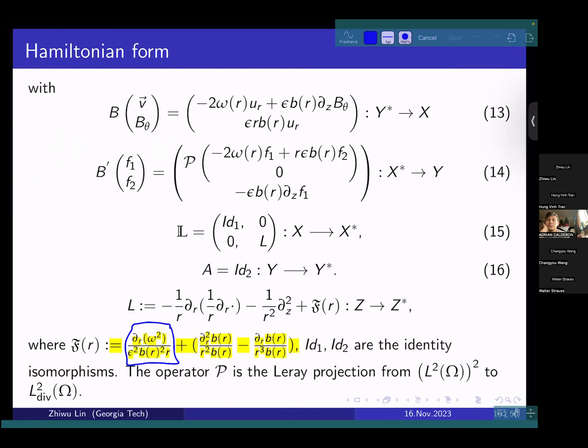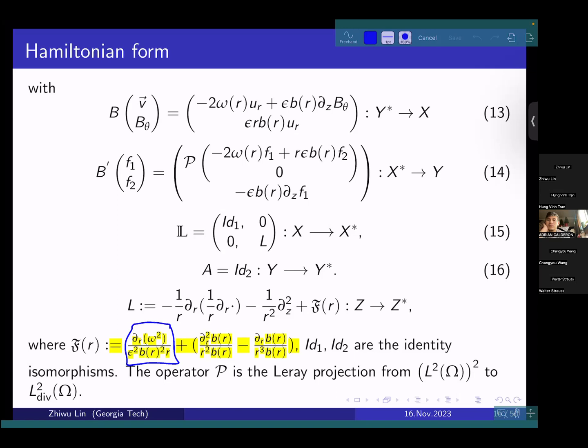If partial R omega squared takes a negative value at any point, then when epsilon is small, the first term becomes very negative. So you can get a negative eigenvalue for the operator L1, and you get the instability.